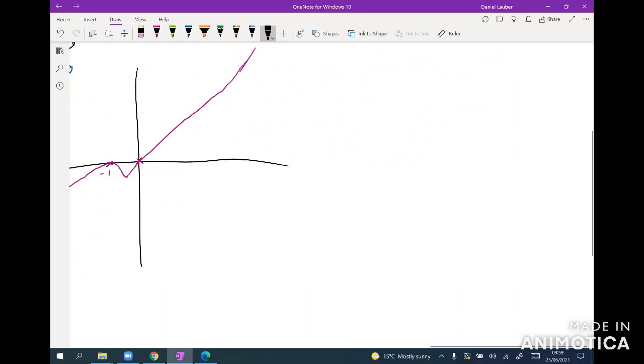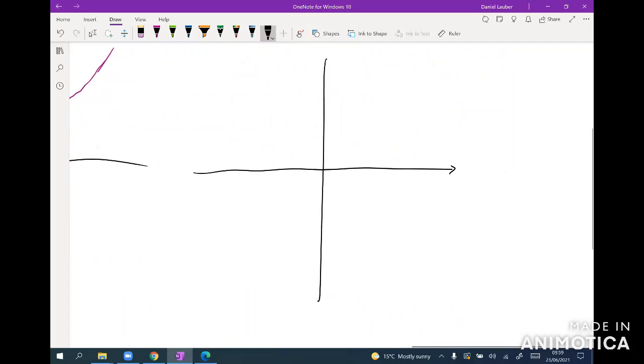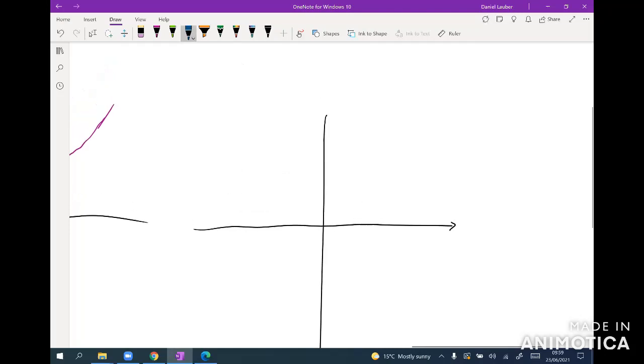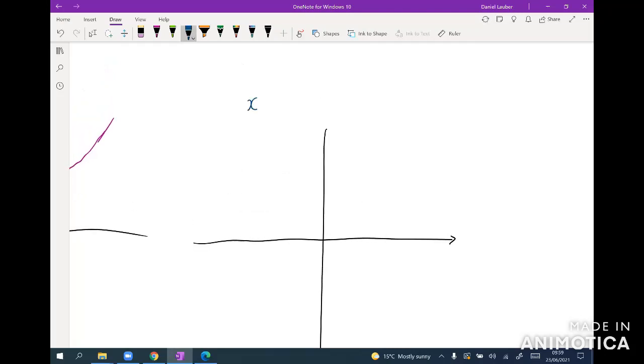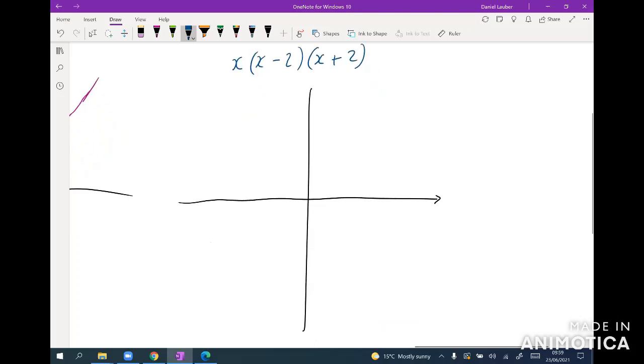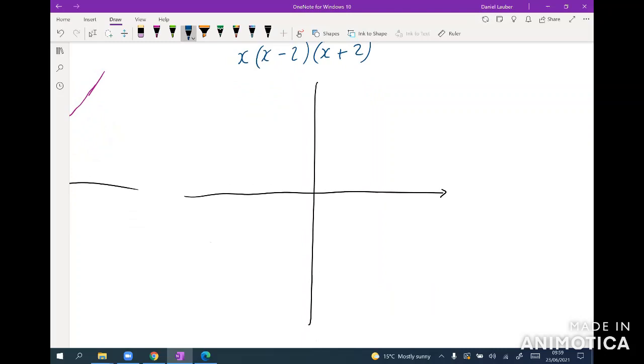Make sure, this can be a bit trickier than it sounds at first, but once you get used to it, it's very, very simple. So for example, if I want to sketch x minus 2, x plus 2, again, something very commonly that you'll see. Well, we know it goes through 0, 2, and -2.